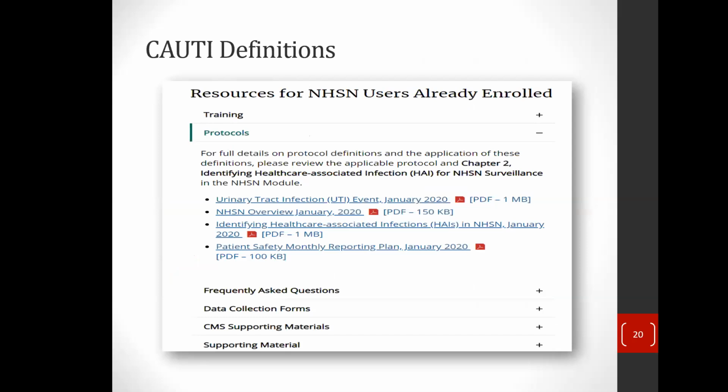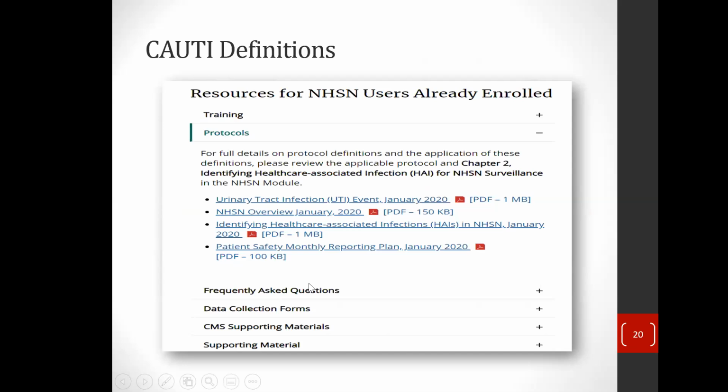So let's move on to our CAUTI definitions. And how do we know what those CAUTI definitions are? Where's our resource? On the NHSN website, on that same screen that has everything else about urinary tract infections, under the protocol tab, if you click on it, you will get the urinary tract infection event January 2020.